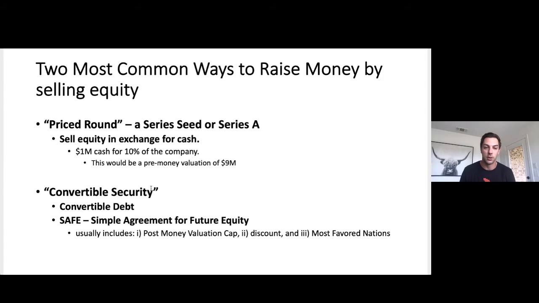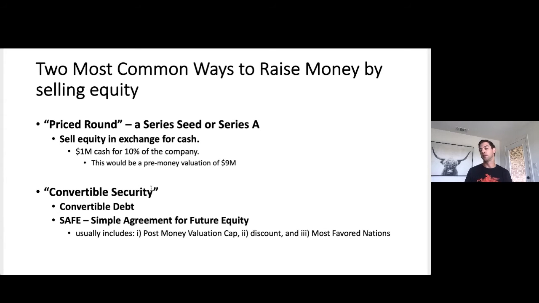The second way to do this is... in a priced round, you really need to nail the very exact valuation, what somebody is willing to pay for it. When you don't know that number, or lots of people will disagree or are unable to arrive at consensus, you'll raise in what's called a convertible security.